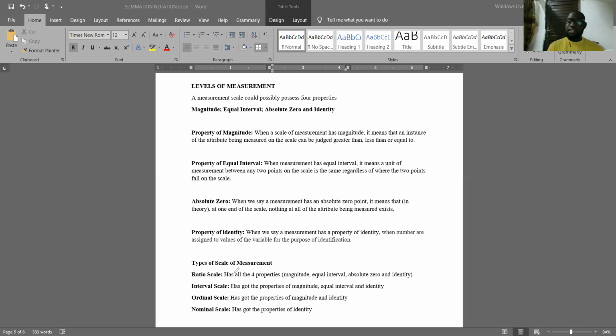Then the next scale of measurement is the ordinal scale. Ordinal scale possesses 2 out of the 4 properties, meaning magnitude and identity. Let me tune your mind back to SHS and JHS.